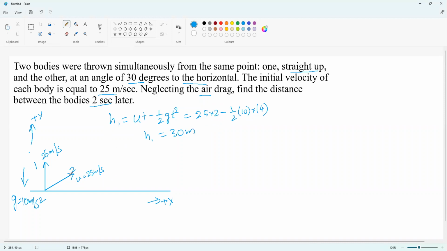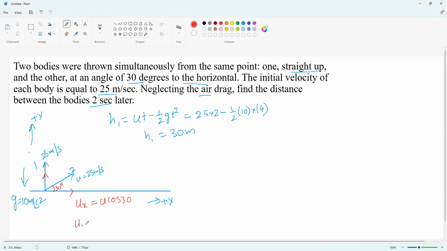In case of body 2, we need to resolve this into two components. One is the horizontal component, the other is the vertical component of the velocity. The horizontal component of velocity, which is in x direction, ux will be, as this is 30 degrees, u cos 30.